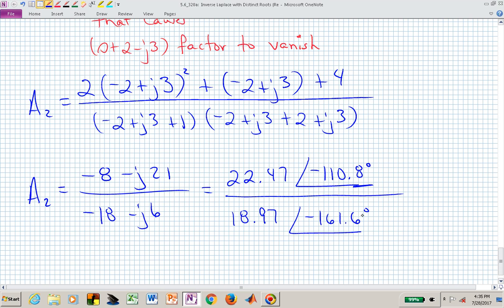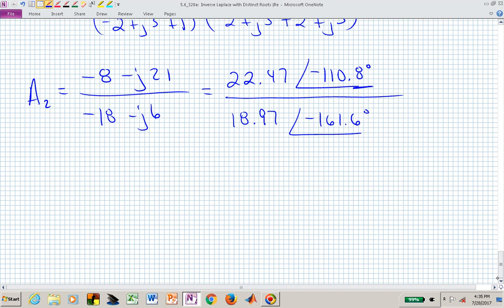161.6 degrees. A sub 2 is going to be a residue that has a magnitude that's a little bit bigger than 1, since we're dividing 22.5 by 19, and that gives us roughly 1.184.